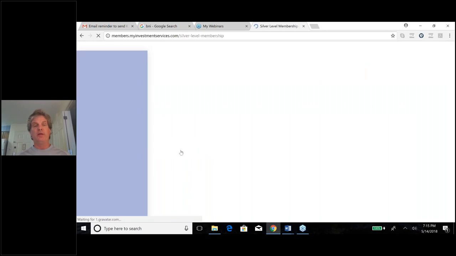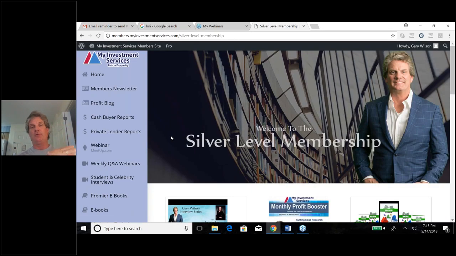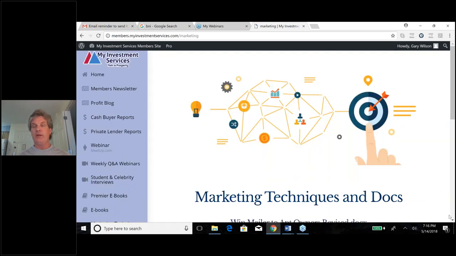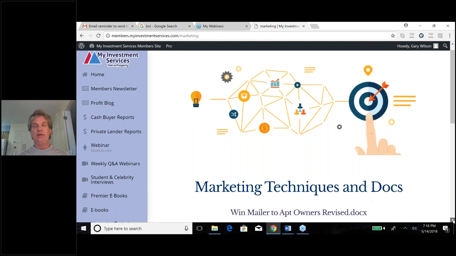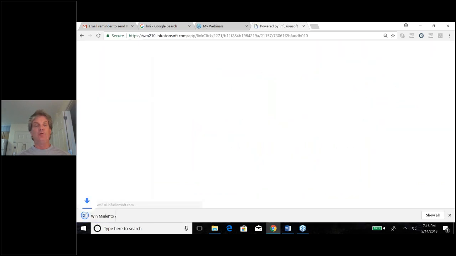Some of us are gold and platinum, but regardless of what level you're at, if anything at silver or above, you've all got this basic access here. So what I want to do is on the left-hand side of the silver level membership area, scroll down towards the bottom, look under marketing techniques and docs, okay? And you will see the more formal letter that we send to owners of bigger properties.